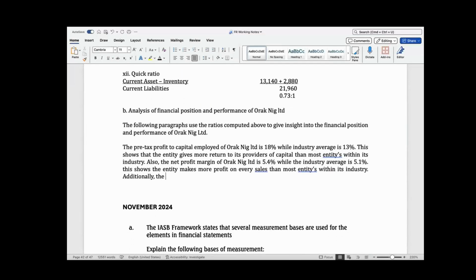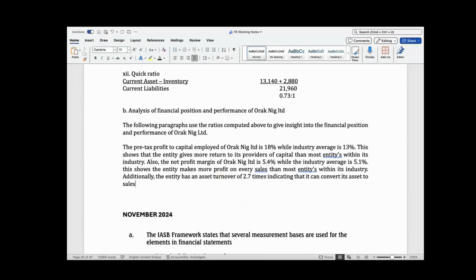Additionally, the entity has an asset turnover of 2.7 times, indicating that it can convert its assets to sales almost 3 times.